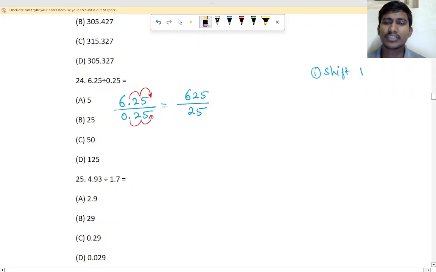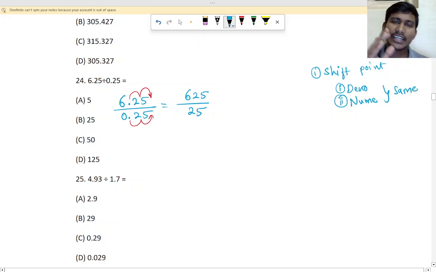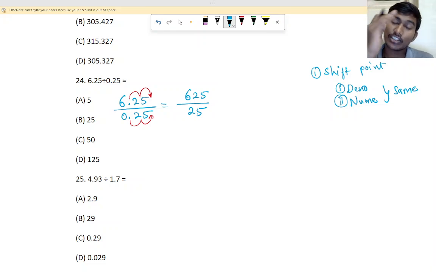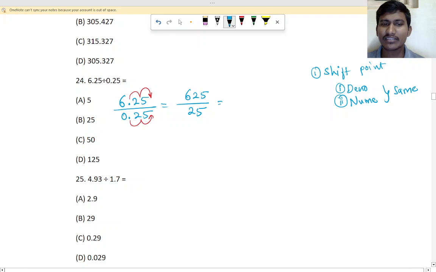We have to shift the same number of times. First we shift it in the denominator, then the numerator. So we will get 625 by 25 as the answer. Understand? 625 by 25.